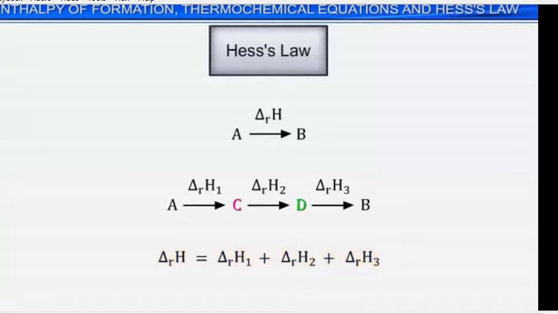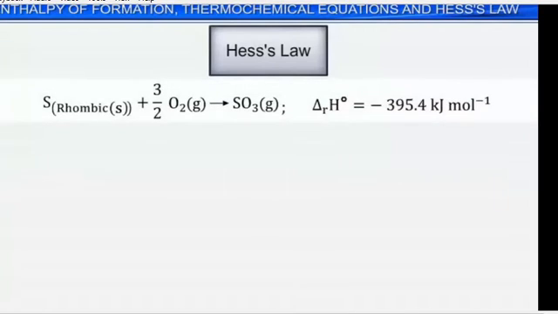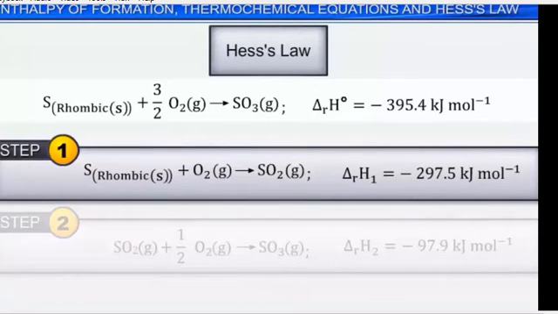Let's understand this through a chemical reaction. When sulfur in its elemental state burns to form sulfur trioxide in one step, the heat evolved during the chemical equation is minus 395.4 kilojoules per mole. Now, let's break down the reaction into two steps. In the first step, sulfur reacts with oxygen to form sulfur dioxide. The heat evolved is minus 297.5 kilojoules per mole.